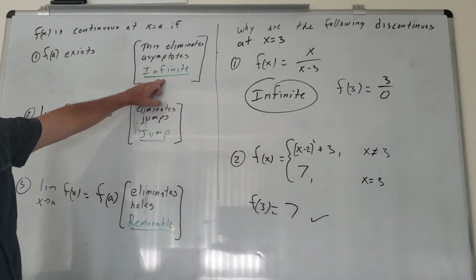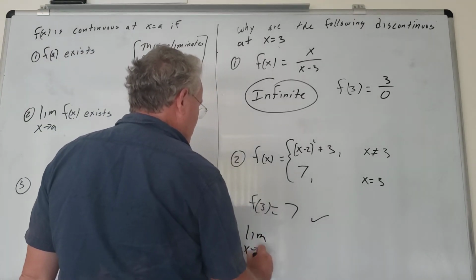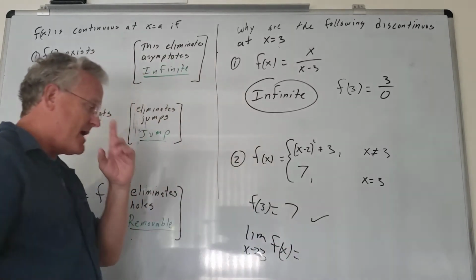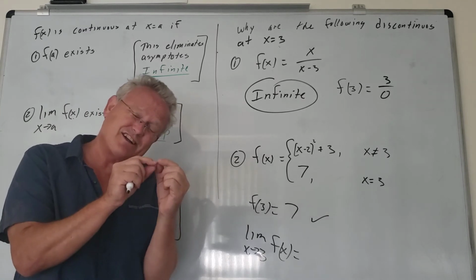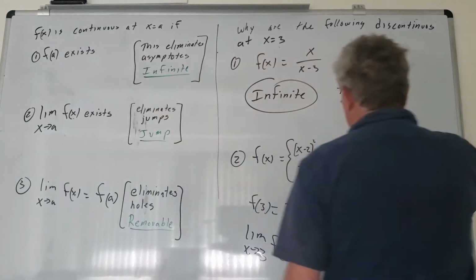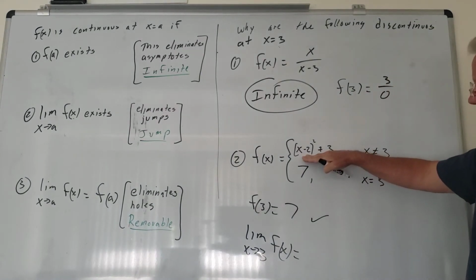So there's no asymptote. Does the limit as we approach 3 of our function exist? Well, keep in mind, with the limit we're getting closer to 3, but we're never actually equaling 3. So because we are not actually at 3, the function we want to use is this top part.